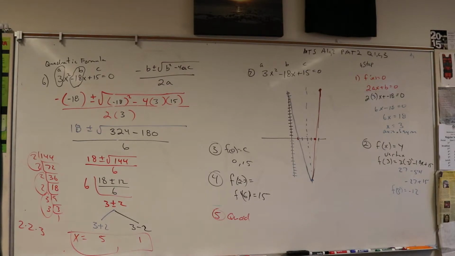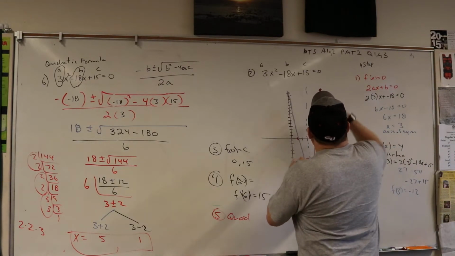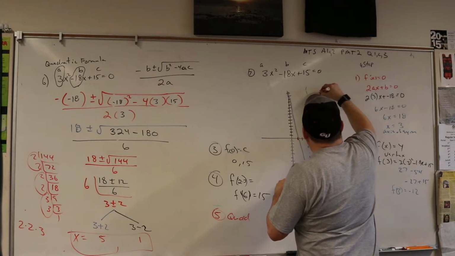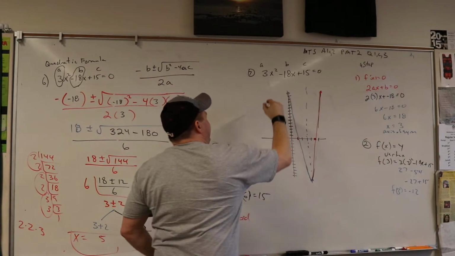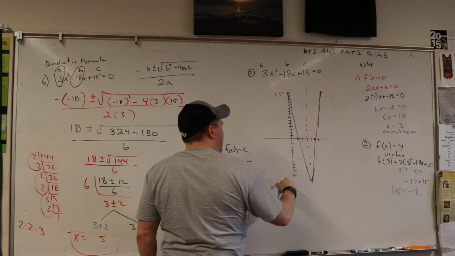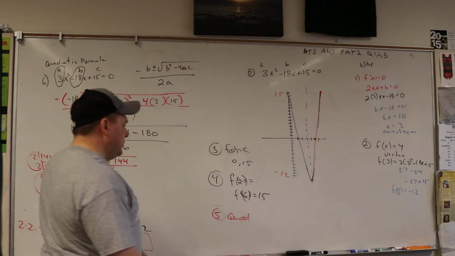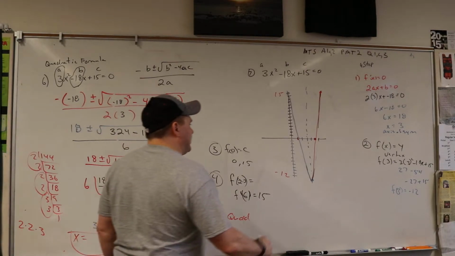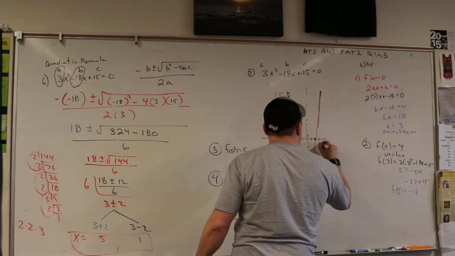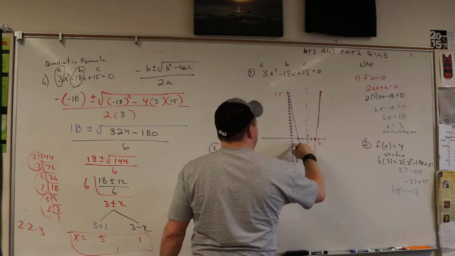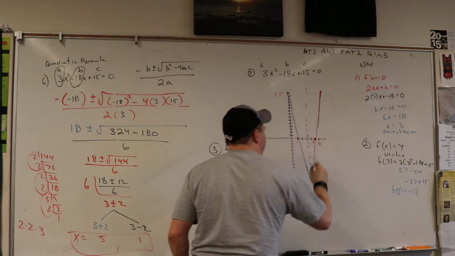Sorry, this one's up a little too high. That should be at 15. That's 15, that's negative 12, and obviously this is 3, 6, and 1 and 5.